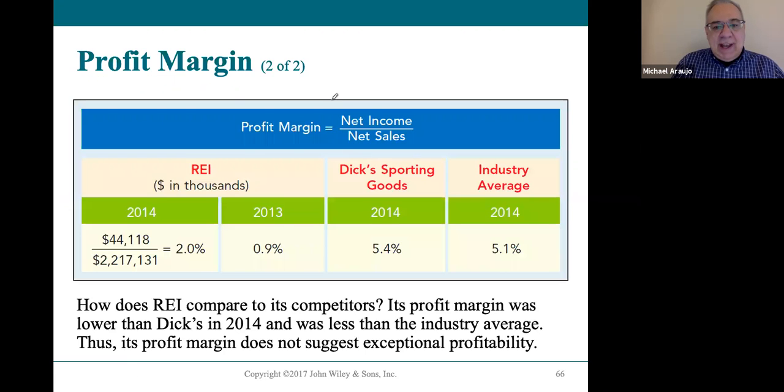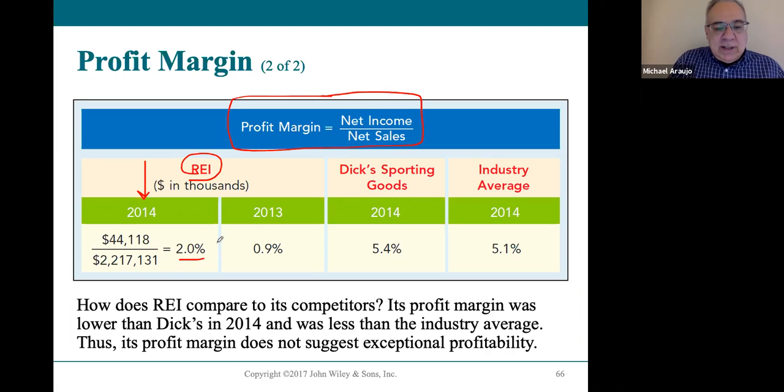Again, we're still looking at the income statement, but now we're looking at the net income, that bottom line number, compared to the net sales, the same net sales we looked at in the gross profit rate. For REI, our 2014 numbers show a profit of $44,118,000 over sales of $2.2 billion roughly.